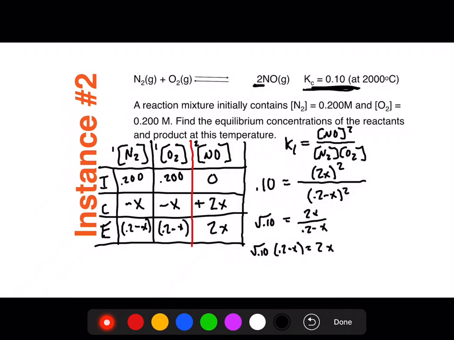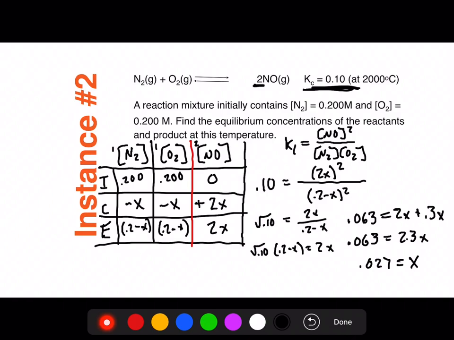So when you start solving, you're going to end up with 0.063. That is the square root of 0.10 times 0.2 is equal to 2x plus 0.3x, which is the same thing as 0.063 is equal to 2.3x. Divide both sides by 2.3 and you get 0.027 equals x.